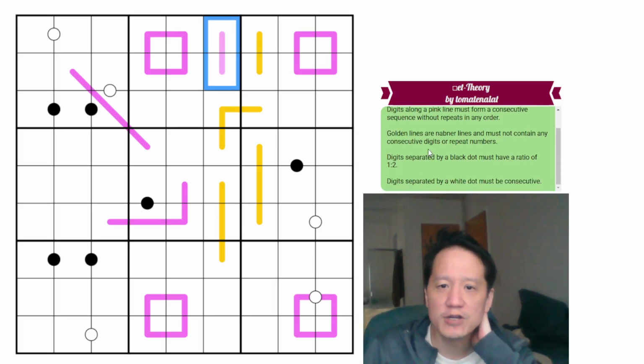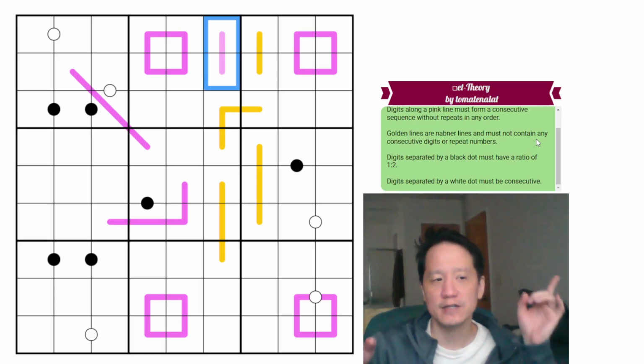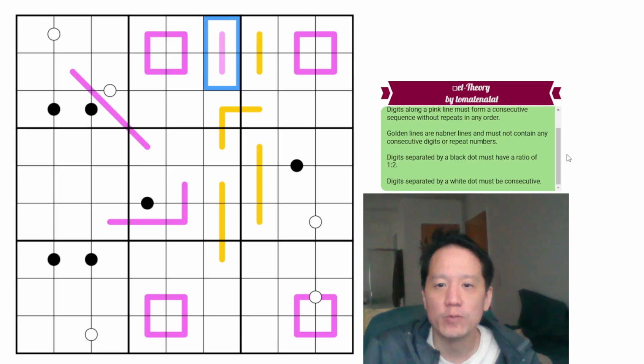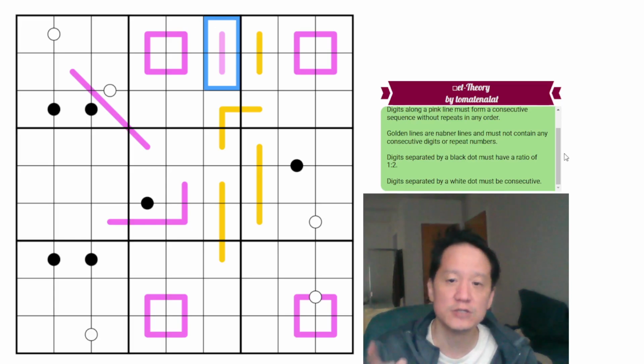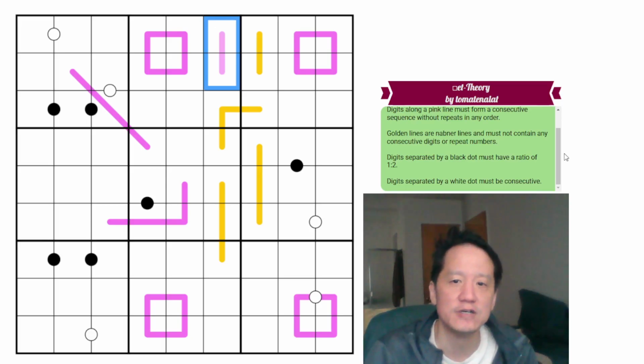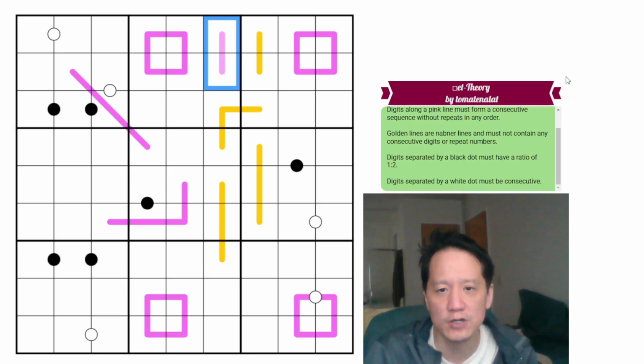Golden lines are Nabner lines, which if you look at it is Renban reversed, and must not contain any consecutive digits or repeat numbers. So it's essentially the opposite of a Renban line, or the reverse of a Renban line would be more appropriate.